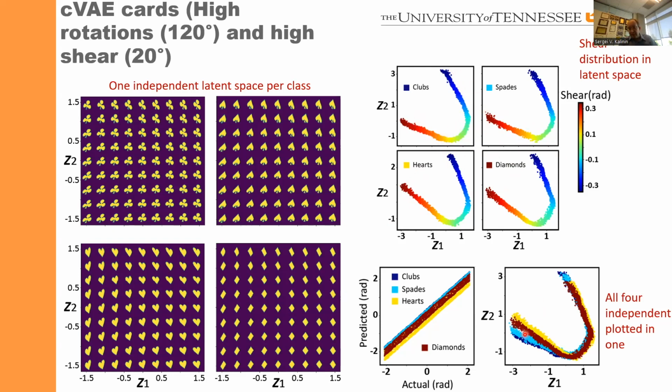In fact, if we superimpose them, you can see that they adopt the same configuration. The reason is that we applied exactly the same factors of variability, meaning rotations and translations, for all 4 suits of the card. So it tells us that not only are the latent representations comparable, but even the latent distributions are almost overlapping.